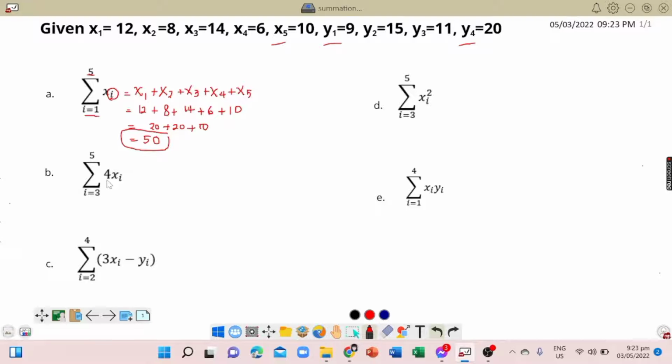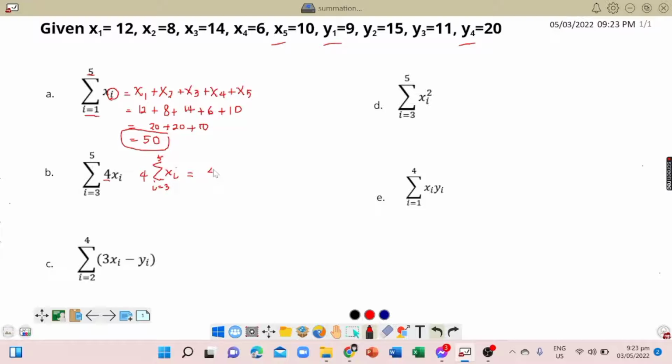Here, it has a coefficient. So, let's separate the coefficient. So, 4 summation of x sub i. The starting value is 3 and the ending value is 5.